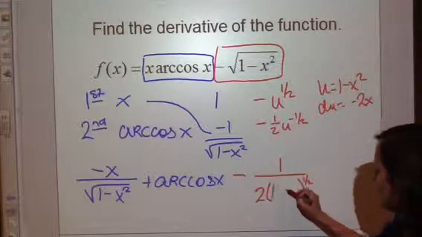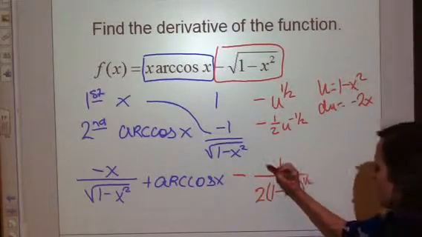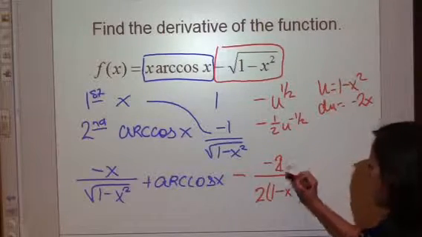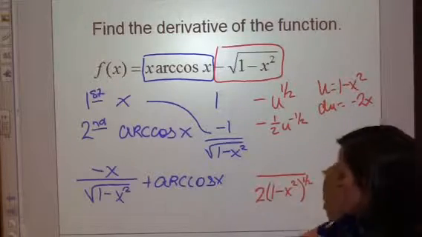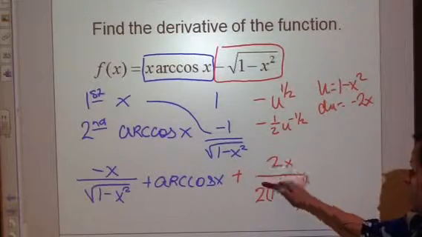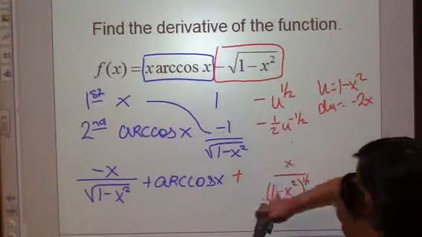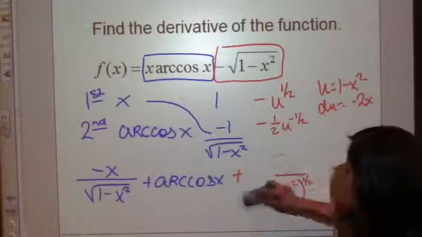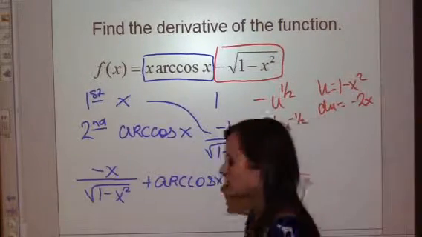So u was 1 minus x squared. du is negative 2x, so I'm going to put that on top. Well, a negative and a negative would make a positive. So we got plus 2x. You should see that the 2's cancel. So I'm going to erase those now. And we just have positive x over 1 minus x squared to the half.